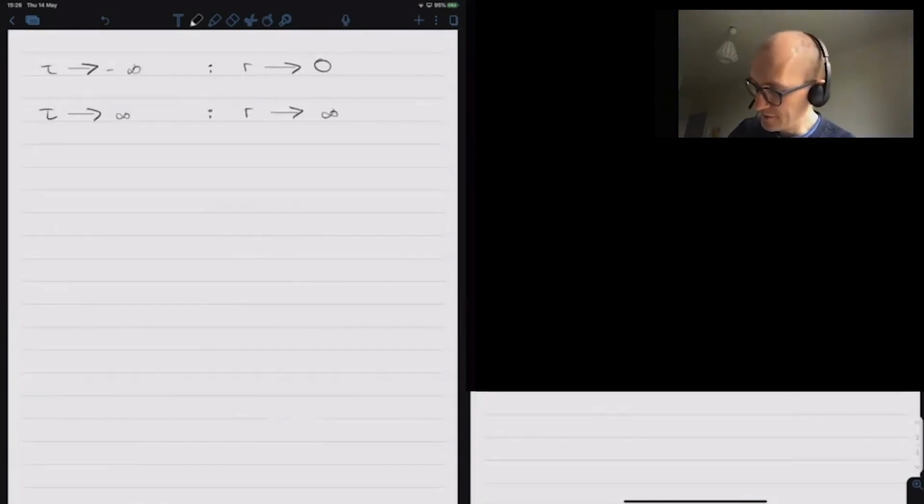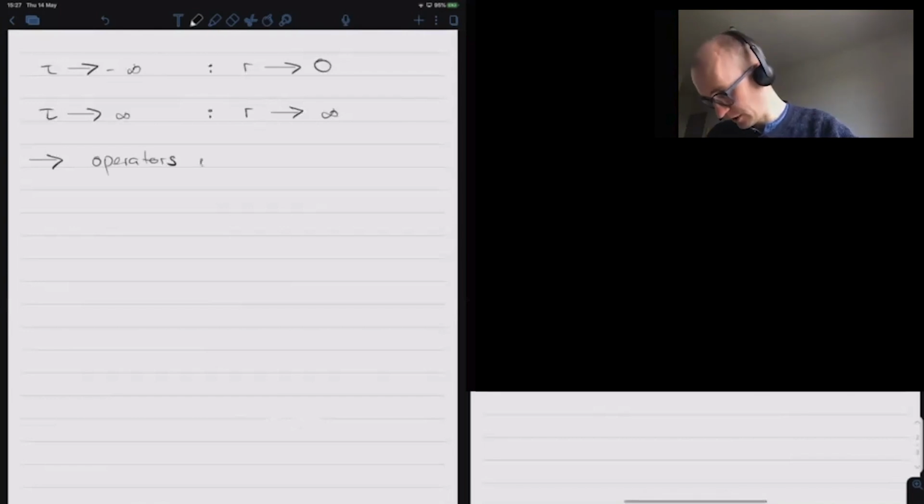So first of all, now I really have something that looks much more like time evolution. I have a cylinder and this real direction time, and I go from minus infinity to plus infinity. And that's exactly the same as going out from the origin to increasingly larger sizes. However, this also gives a perspective on the operator-state correspondence, because remember, we constructed the state by inserting an operator at the origin.